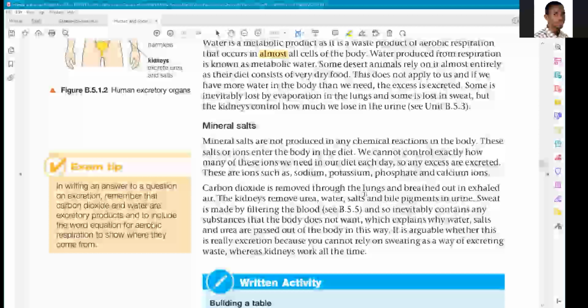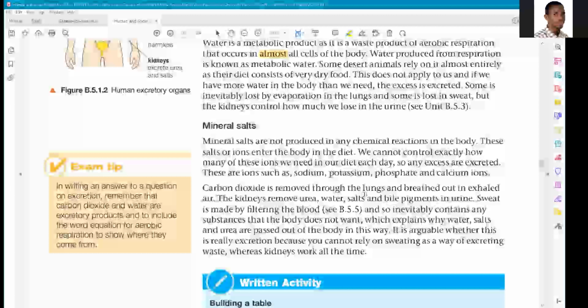So any excess is excreted. Your body has to try to maintain the balance regardless. It doesn't matter night or day, the concentration of fluids in your body has to be the same. So once it is in excess, it has to go.